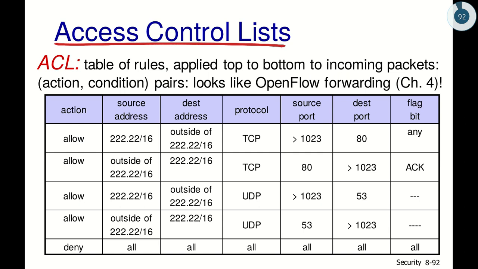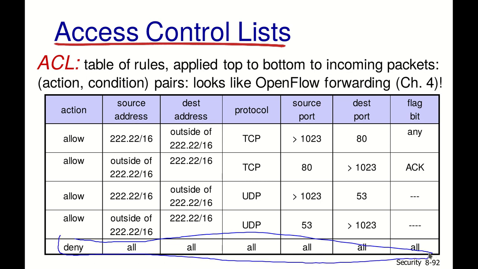Okay, so basically, to configure the firewall, we create an access control list, or ACL. It is rows in the form of tables. In this example, it applies from top to bottom. By default we deny all connections except what we allow in the previous rows.